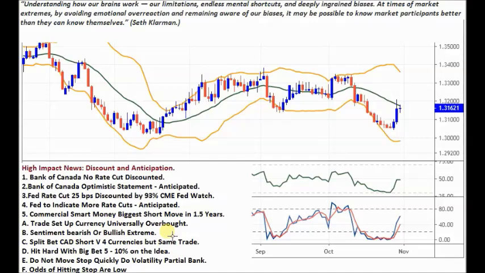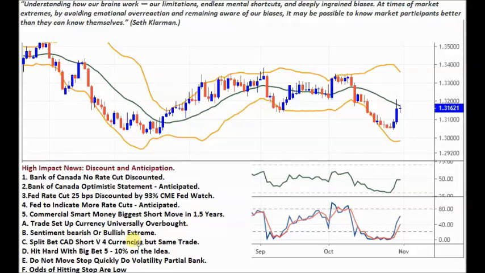Obviously, I made reference earlier to the British pound. The British pound was universally oversold before the big rally. In fact, it's still pretty oversold. There's more upside in the GBP and there's more downside in the CAD. Obviously, you want sentiment at the bearish or bullish extreme. Participants and analysts were way too bullish on the Canadian dollar.